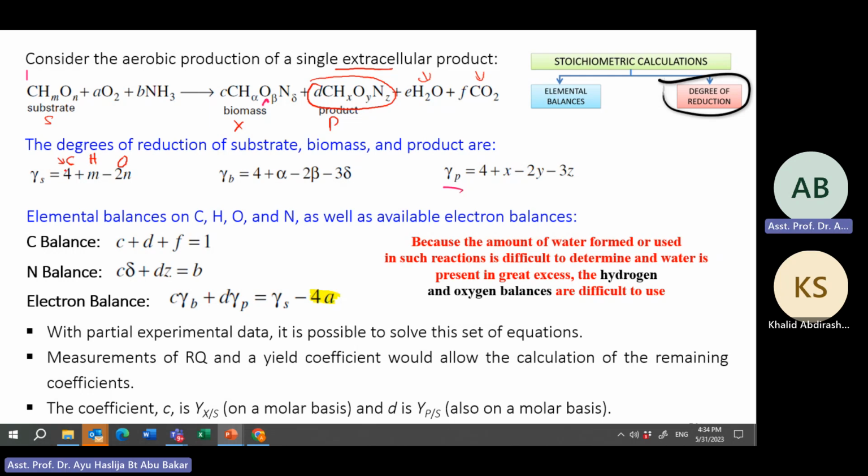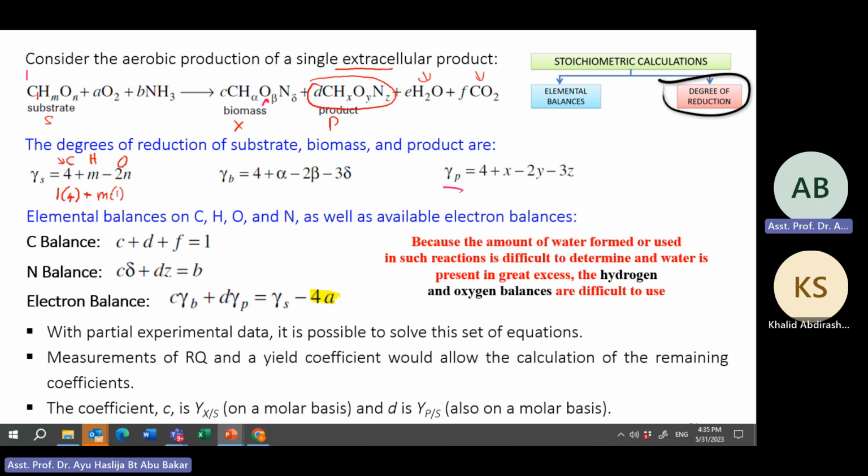Okay, so here 4 is because 1 carbon multiplied by 4 valence electrons, plus m for the H, m hydrogen multiplied by 1.